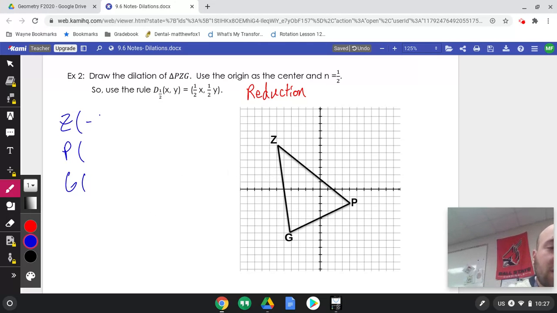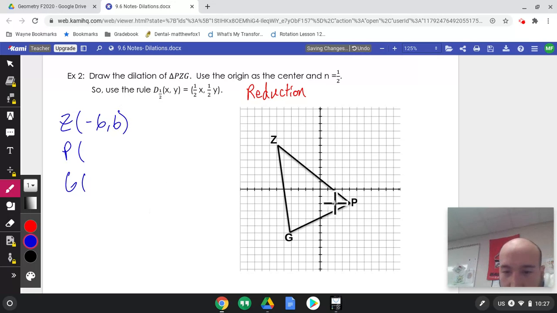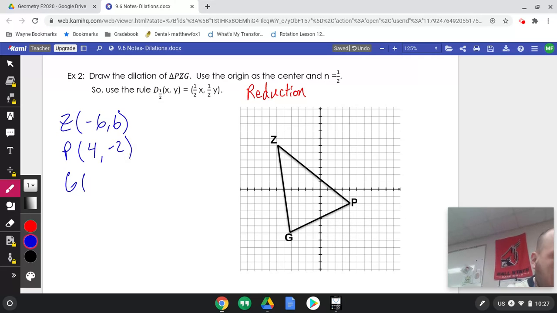So negative 6, 6. P is at 1, 2, 3, 4, and down 2. So 4, negative 2. And our final one, G, is left 4 and down 6 also. So that'd be negative 4, negative 6.